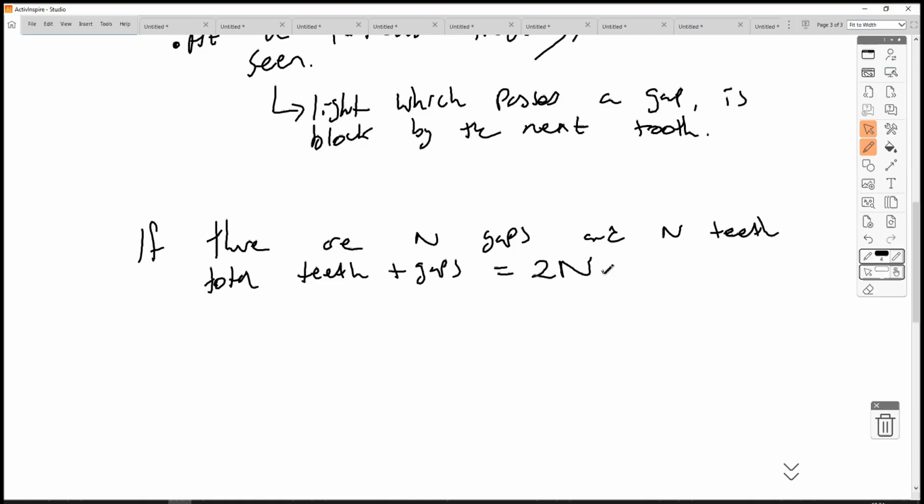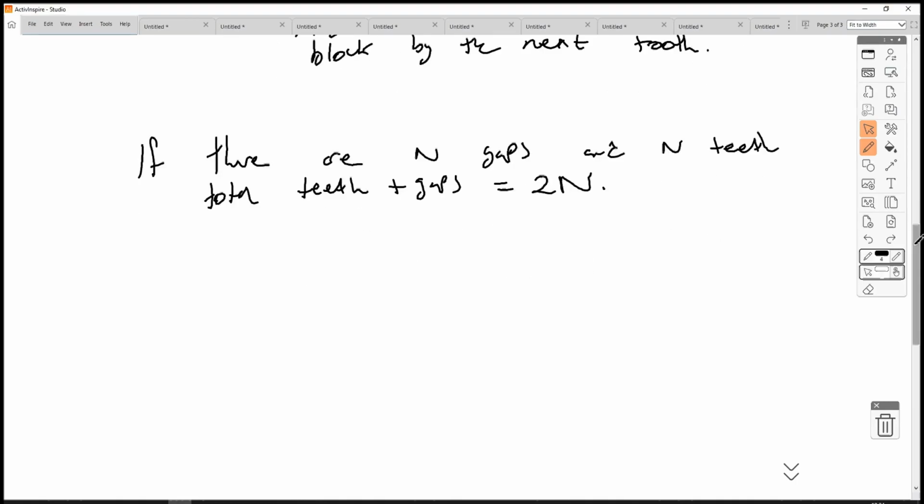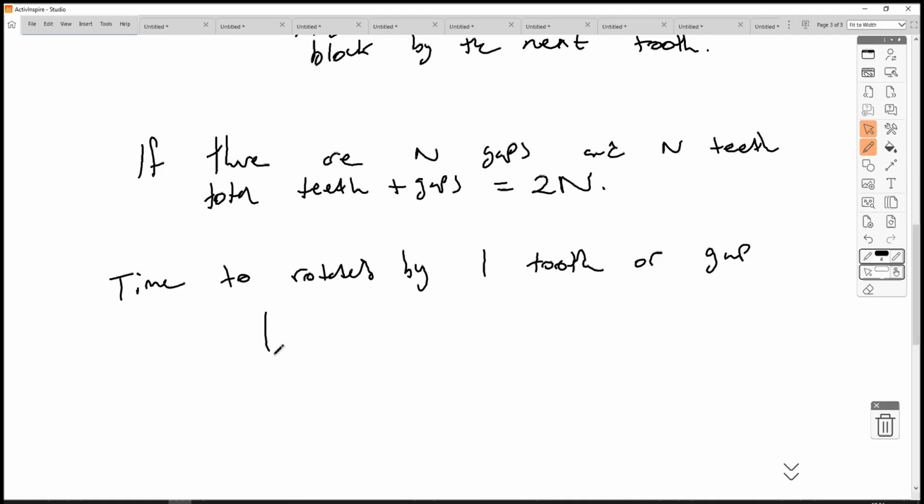The time it takes to rotate by one tooth or one gap is going to be the period, capital T, divided by 2n. So time to rotate by one tooth or gap, t equals the period over 2n.